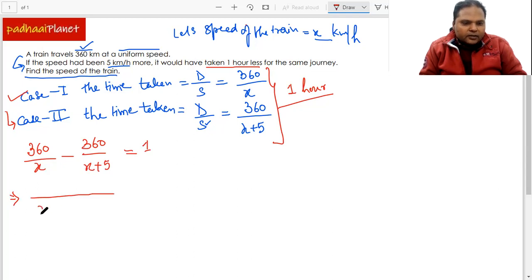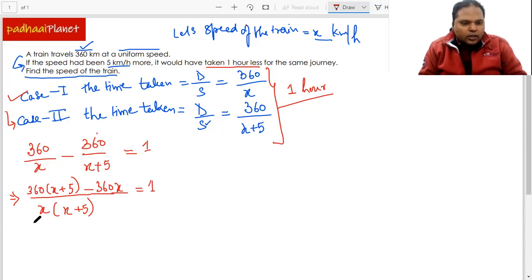So we will have 360 times x plus 5, minus 360 times x, because x plus 5 will cancel with the other x plus 5 and we'll be left with x multiplied with 360. This is what we get, and all of it is equal to 1.